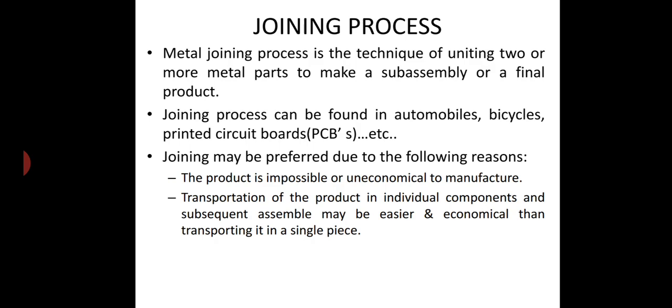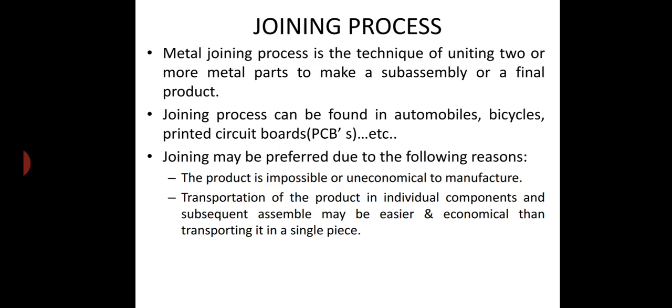It is very difficult to manufacture it as a single component or single piece, and transportation and everything will be very difficult. And if any failure happens and you need to replace or repair a particular part of your product, it will be very difficult. So there comes the application of metal joining.